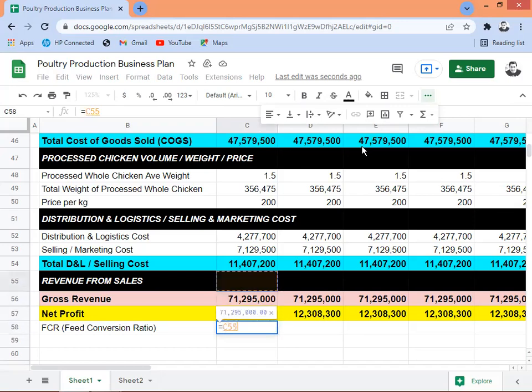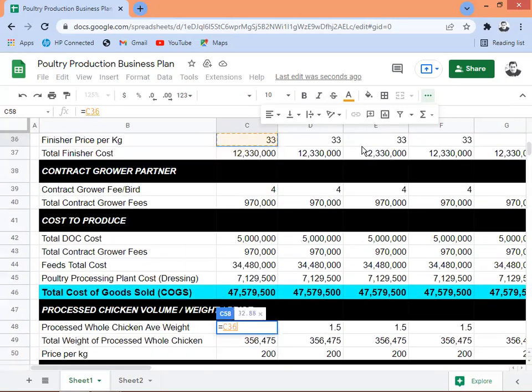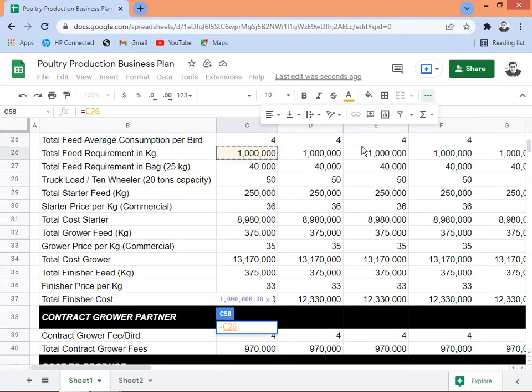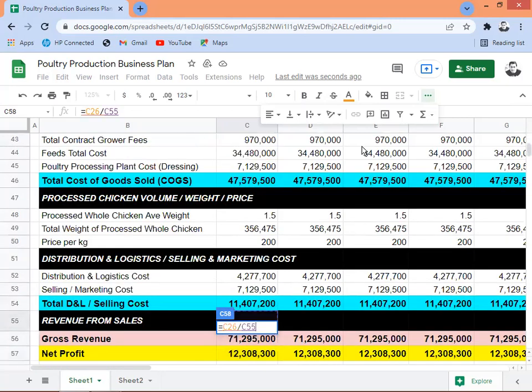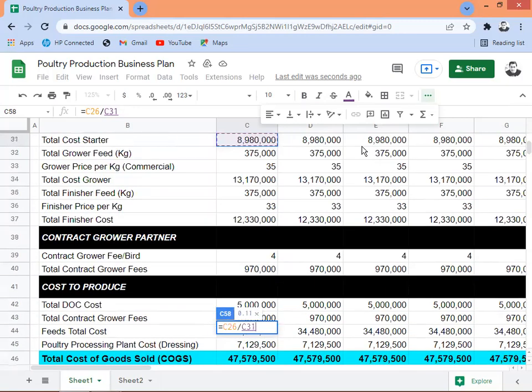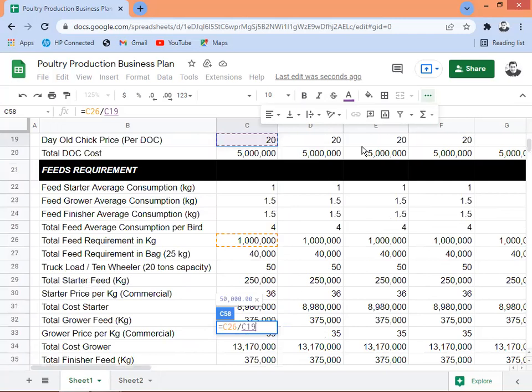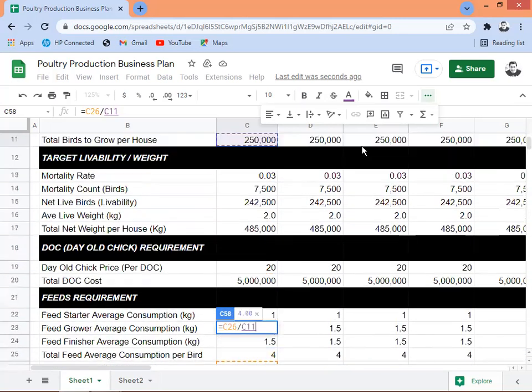I remember it was 1 million kilogram. Yes, 1 million. You divide by the weight of the chicken. Are we going to base it on the net live weight, livability?